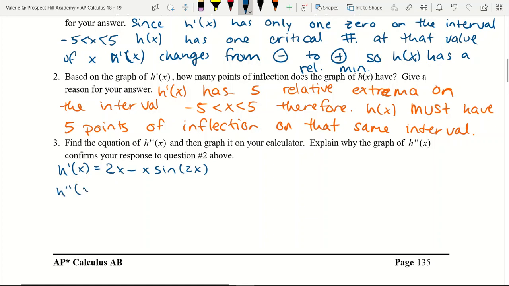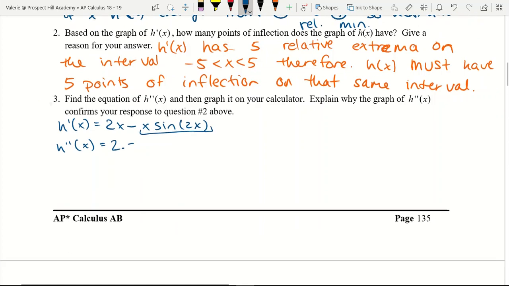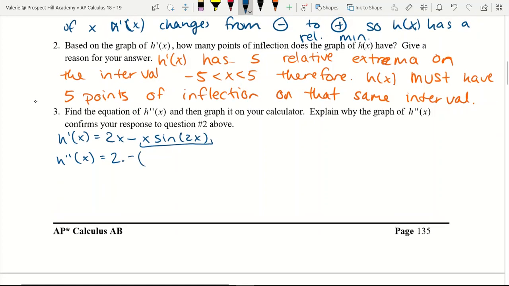So h double prime of x is the derivative of that. So 2 minus, and then we have to use product rule. So 2 minus sine 2x plus x cosine 2x times 2, because for sine 2x we would have to use chain rule.